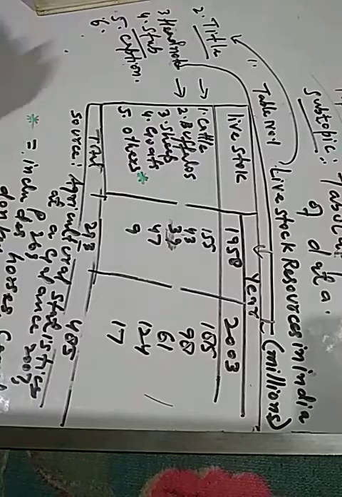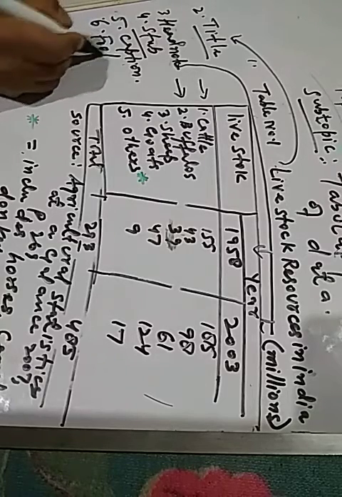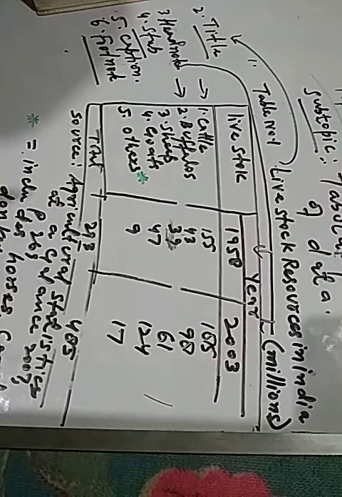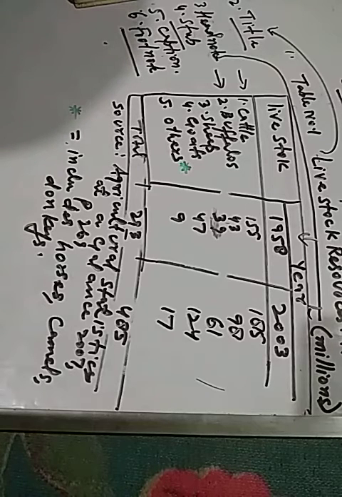And the next one is footnote. Footnote is given below the table or at the end of the table. And why do we use footnote? Footnote is used to clarify the information shown in the table which is not clearly defined in the table.